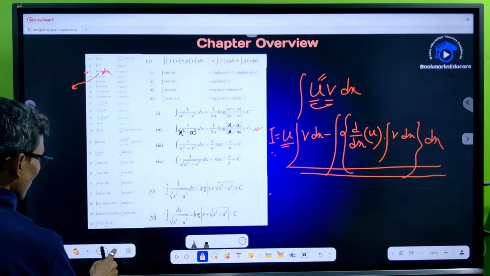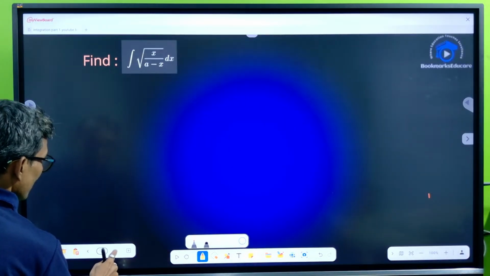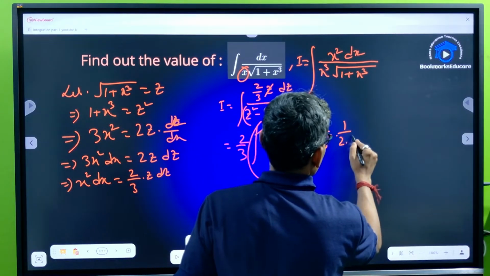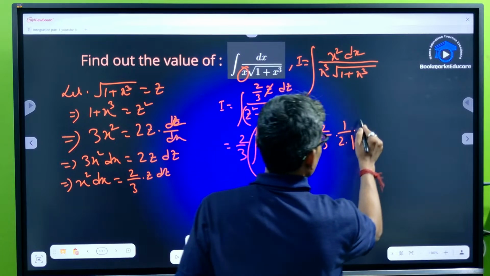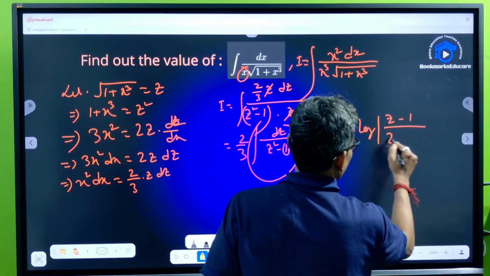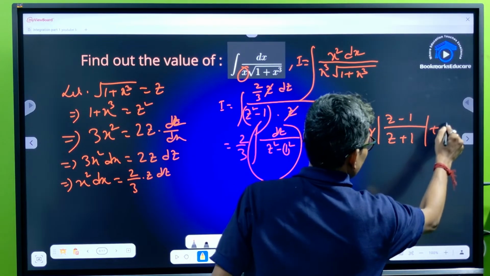Okay, so 1 by 2a, a means 1, into log of mod z minus 1 by z plus 1 plus c.